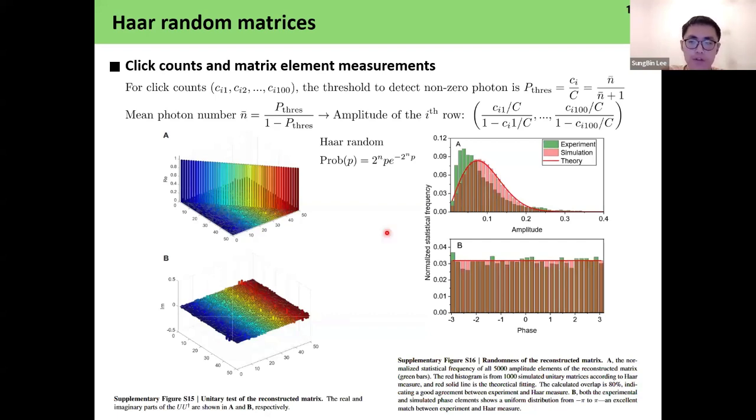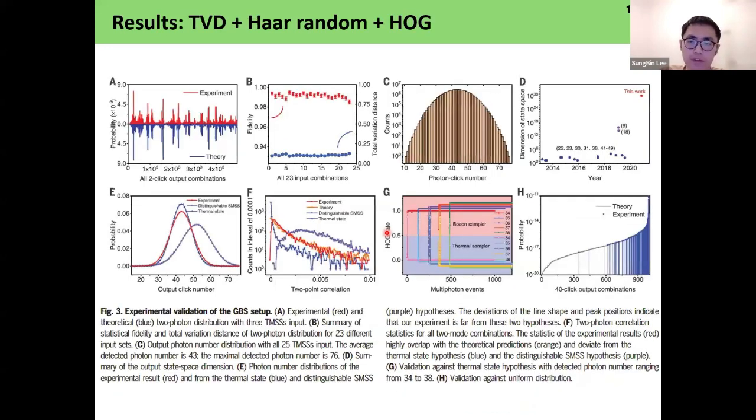So after generating output states, you have to measure the physical quantities. Actually, this is the number of photons. Click number is the number of photons. And what we can see is that even if you perform thousands, close to millions, more than 80 million outcomes, most of them are still concentrated in the middle, given as a Gaussian distribution.